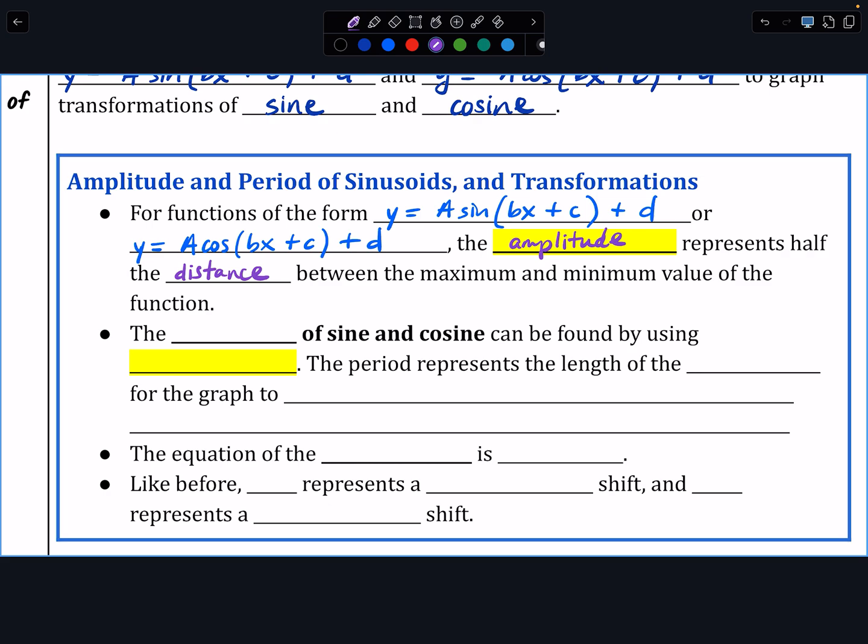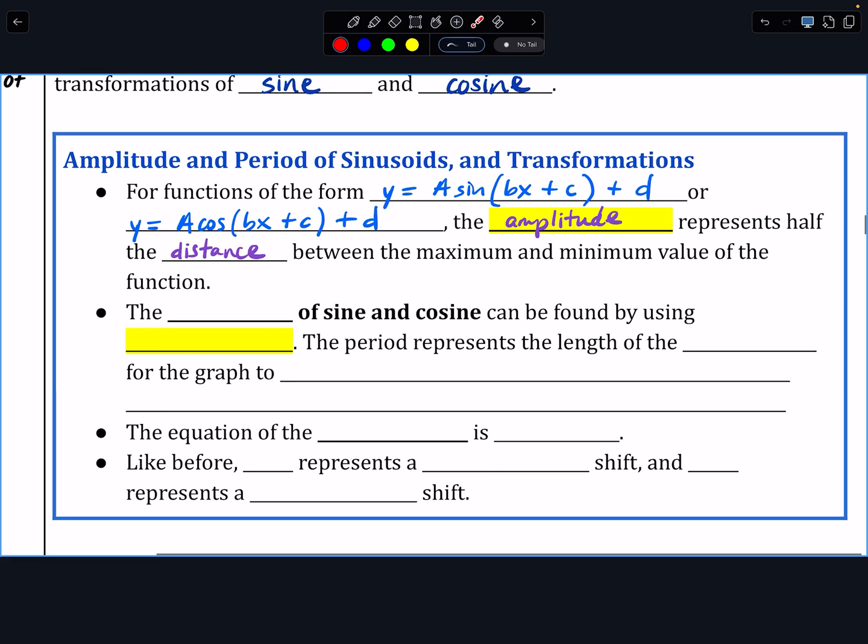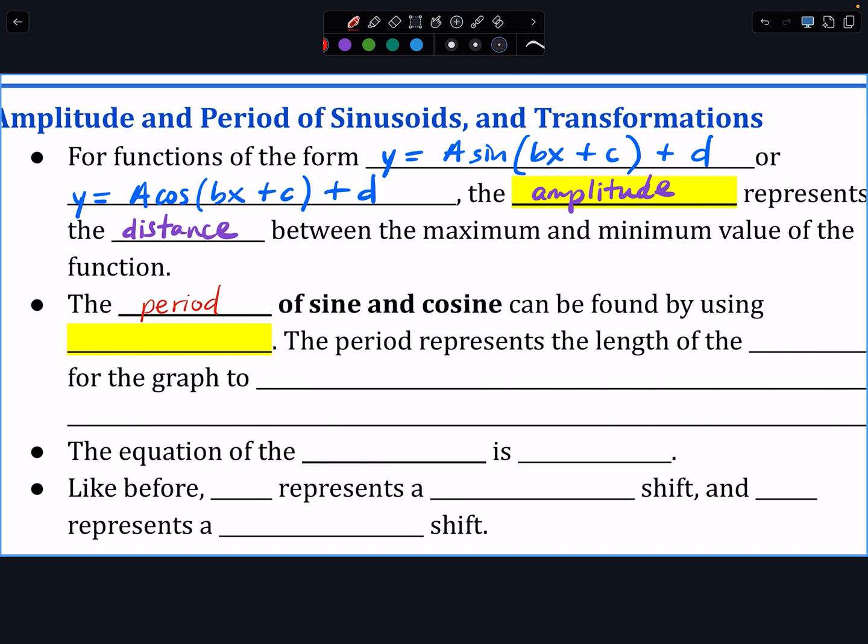What is the period normally for sine and cosine? 2 pi. Whenever there's a b value, so if there's a number in front of the x, then the period's going to change. So the period of sine and cosine can be found by using this formula.